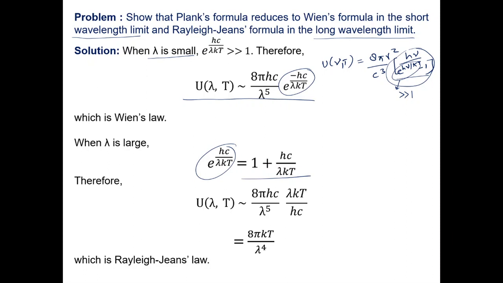Now if you multiply, the energy density per unit frequency will get converted to something which is similar to the Rayleigh-Jean's formula. In Rayleigh-Jean's formula, you remember you had this term, and then you had this kt term, which was the expected energy of the system.